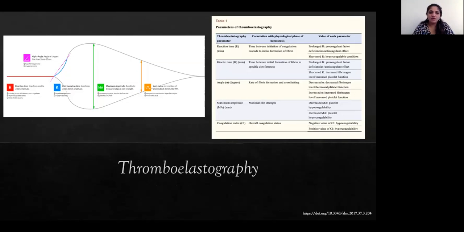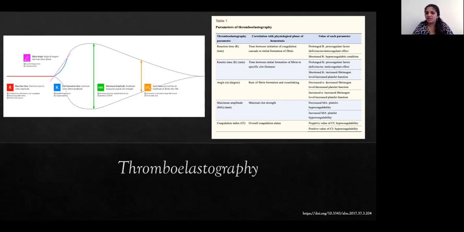The K, or the purple, the angle, shows you how stable that is, and then eventually it follows into fibrinolysis and how that clot is broken down. The table next to it shows you what each of these things signify.